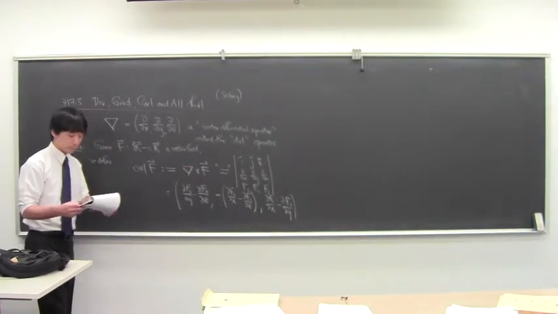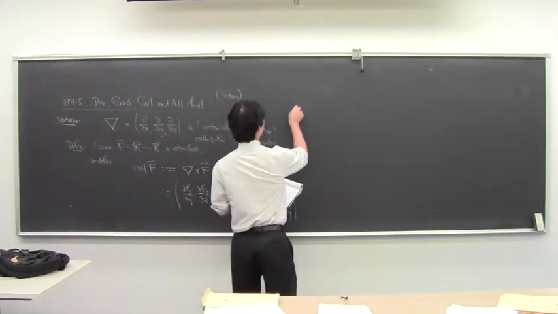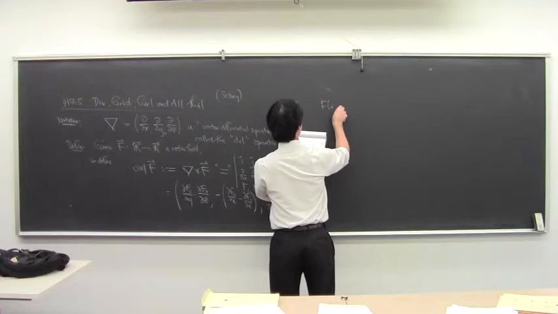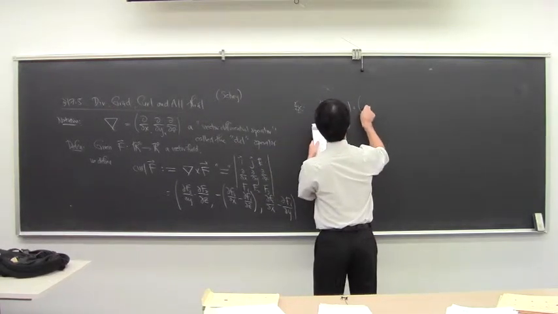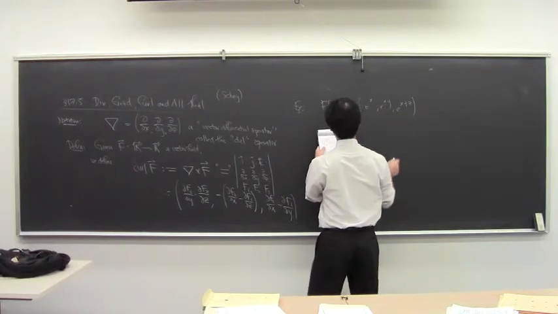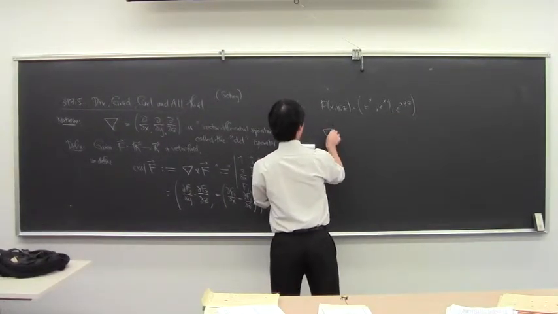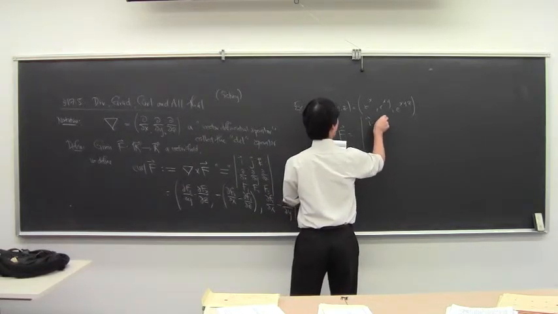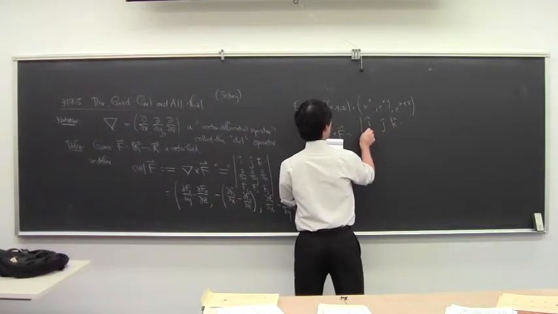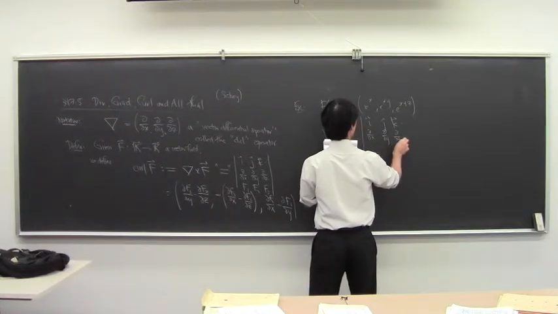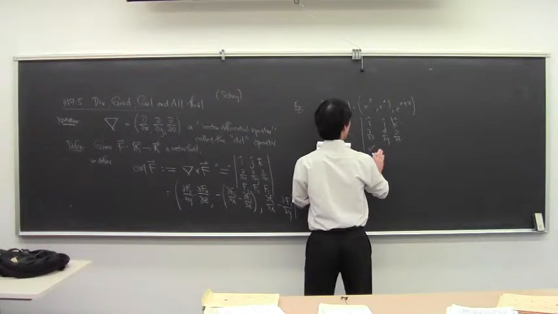For example, if I give you a field F of x, y, z being e to the x, e to the xy, e to the xyz, then the curl of that field you just calculate as we just did.